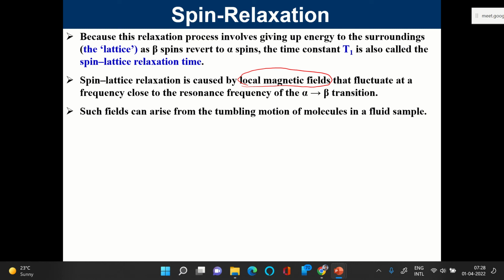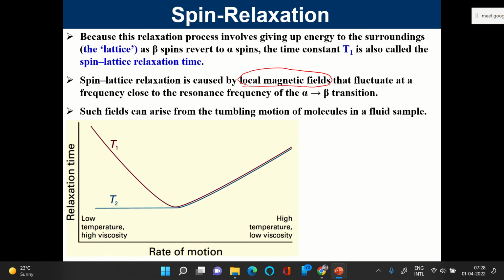The liquid or the solid matrix in which these nuclei are embedded: the magnetic nucleus we are talking about, if it is in a liquid sample, like usually we do NMR in a liquid solvent, then the solvent molecules also are randomly moving, and they will affect the overall magnetic field that is there, and relaxation will be affected. So T1 that we are talking about can have an effect.